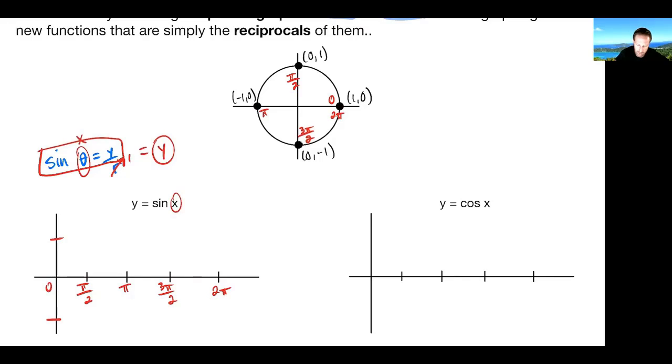Now remember, for sine, we're looking at only the y's. So for this, we know that we're going to start at 0 for our output. Then when we move up to pi over 2, we would have an output of 1, back to 0, down to -1, and then making our full circle of 2 pi or 360 degrees, we go back to 0.